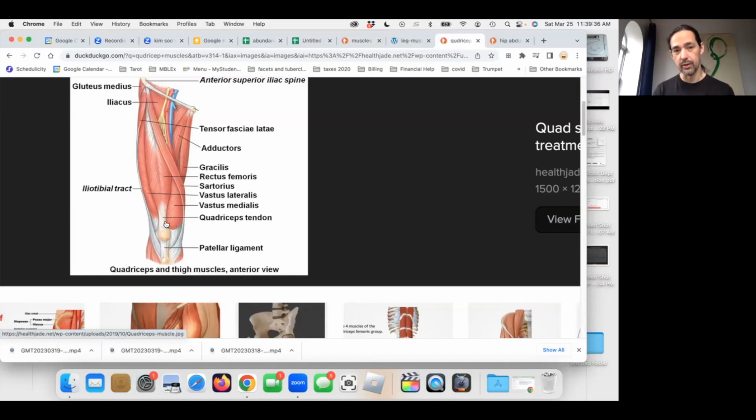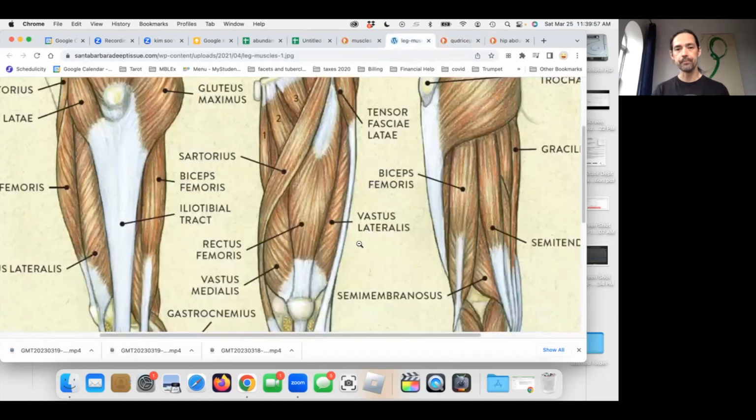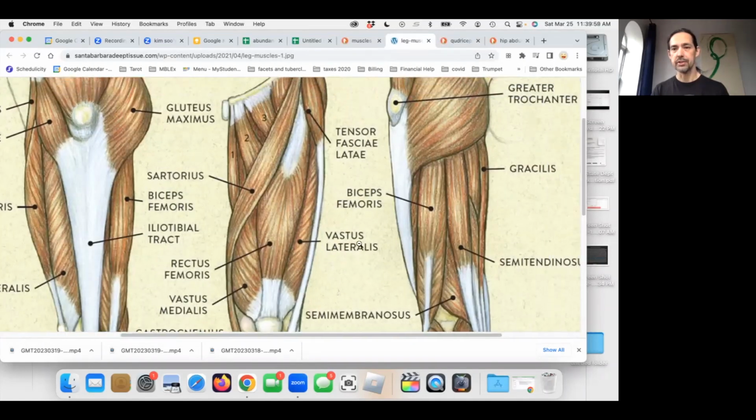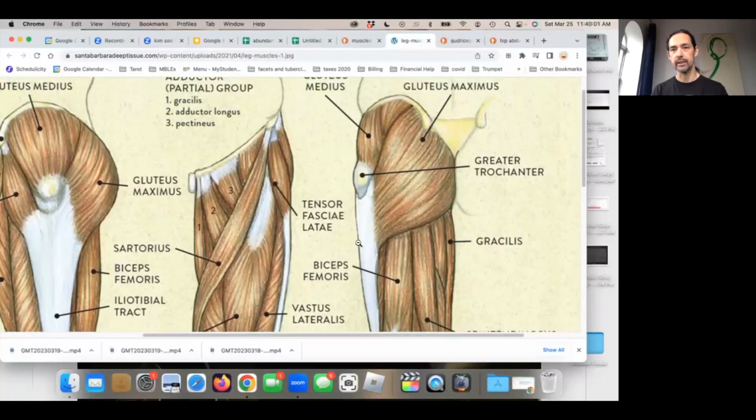It's called the quadriceps tendon, and the one below it is called the patellar ligament. The name should give you a clue that the quadriceps tendon is bone to muscle, and the patellar ligament is bone to bone. And on the side, of course, you have the iliotibial tract, or the IT band. And this is just the upper leg. We haven't gotten to the lower leg yet.